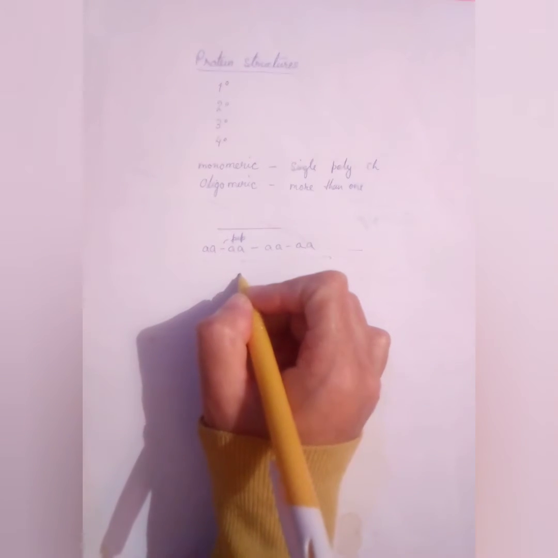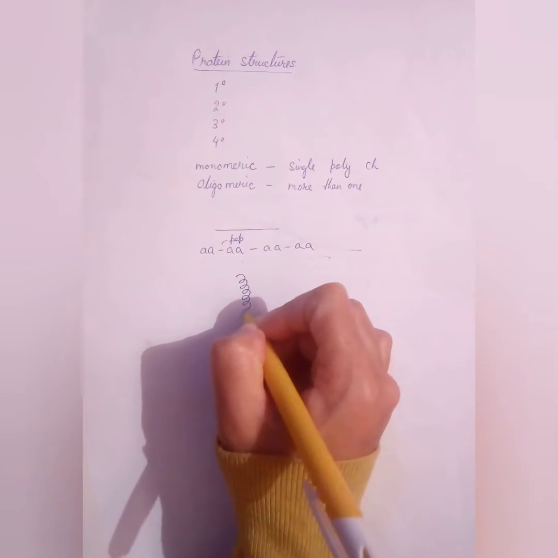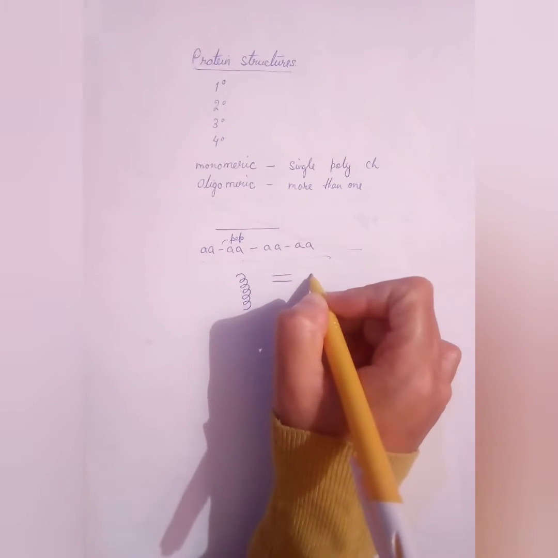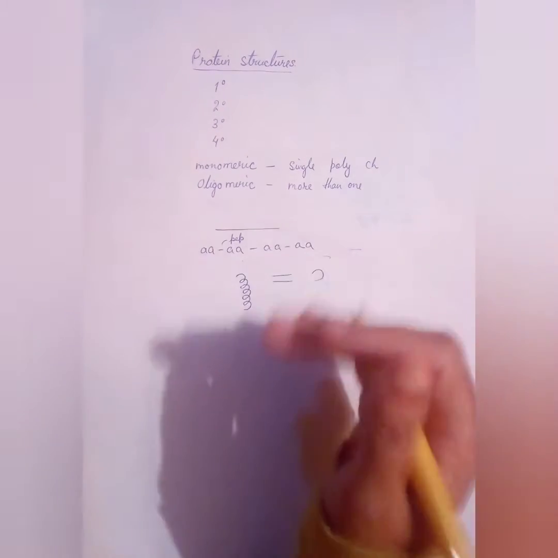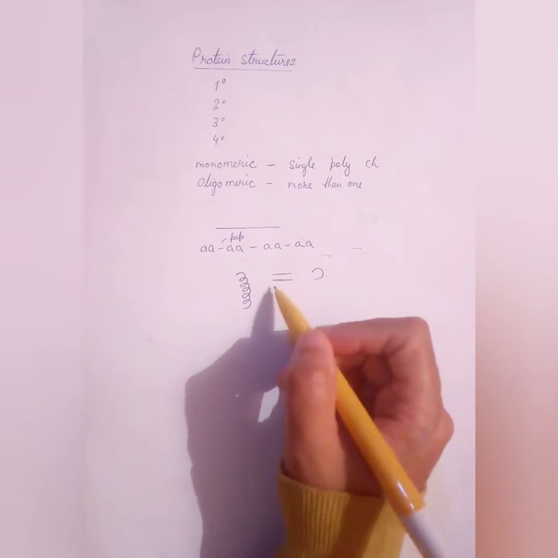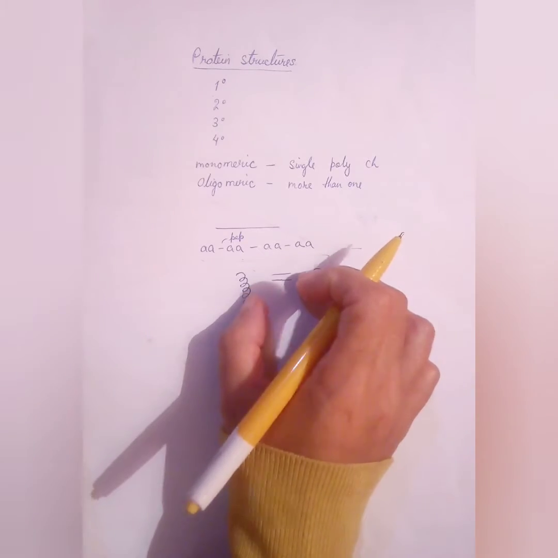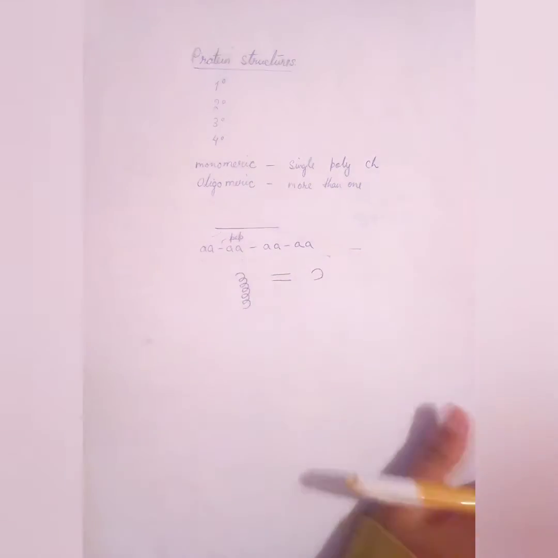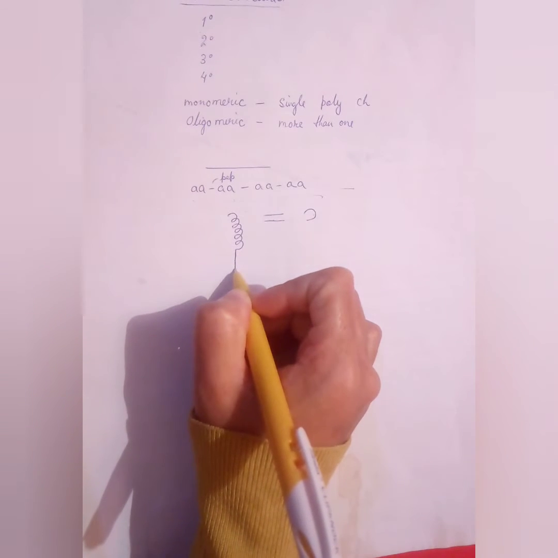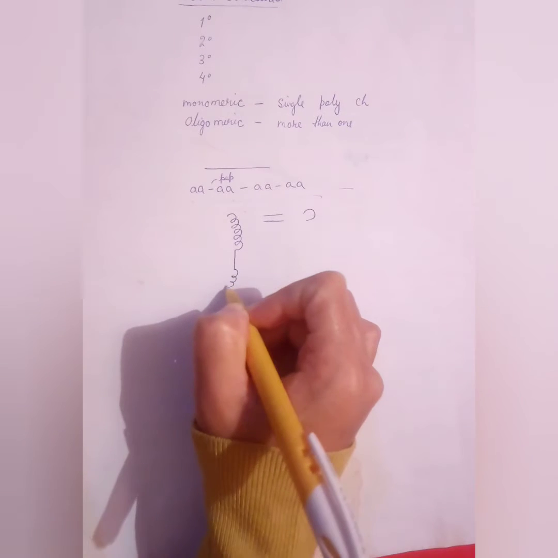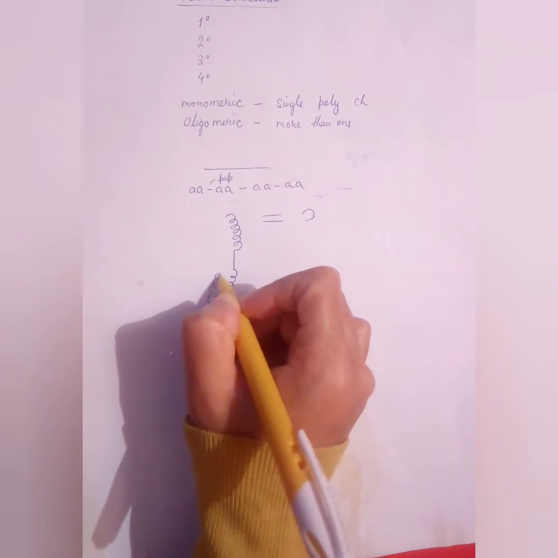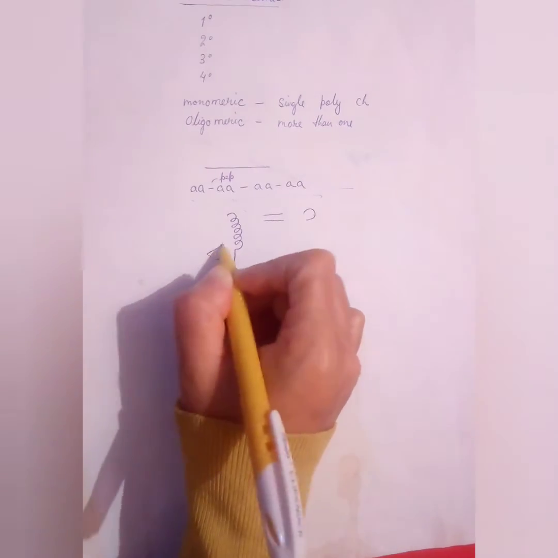Remember, I gave examples last time, such as the alpha helix, then the beta sheets, then the beta bends, and so on. These are referred to as the secondary structures. Suppose here I have an alpha helix, then a beta sheet, then again an alpha helix, then a beta bend, and again an alpha helix, then a beta sheet, like that.